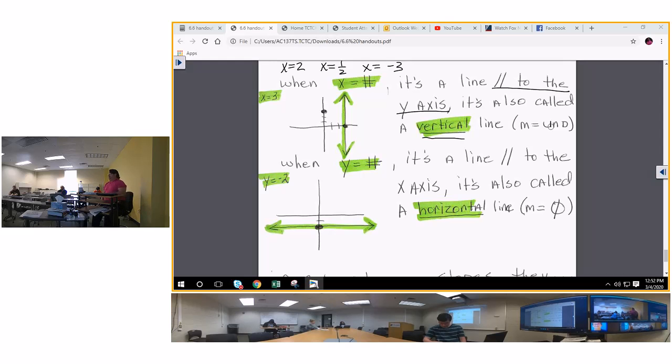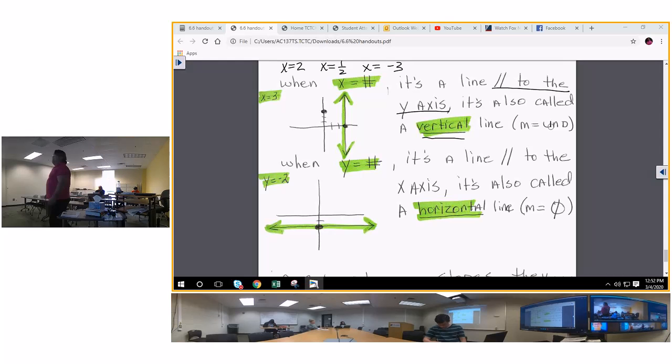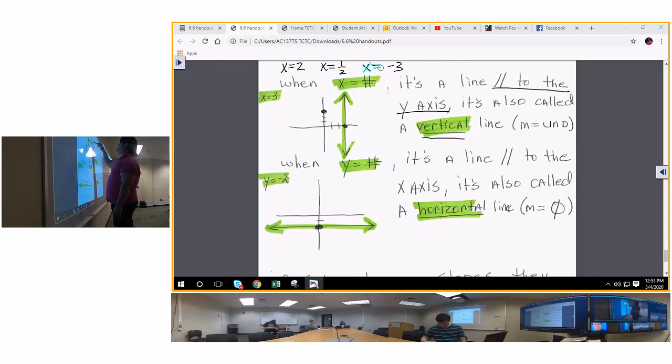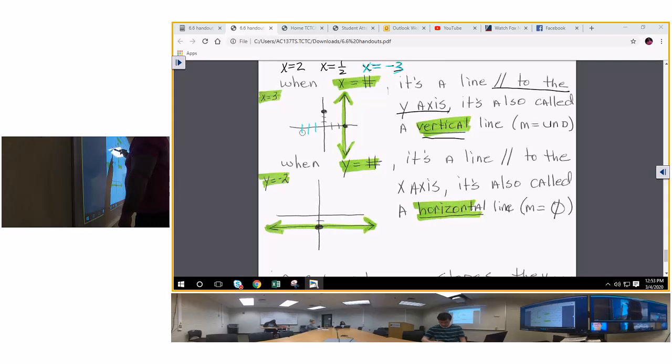And how do you graph it? Well, you just graph the 2 or I'll do the negative 3. Let's do negative 3 in blue. X is equal to negative 3. 1, 2, 3. And what kind of line is it? It's a vertical line. That's how you draw it.